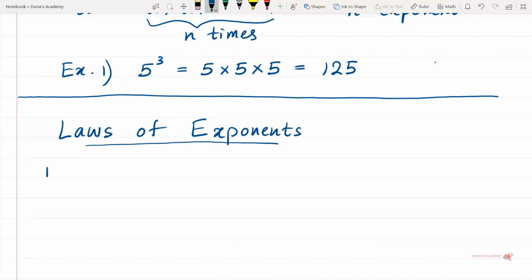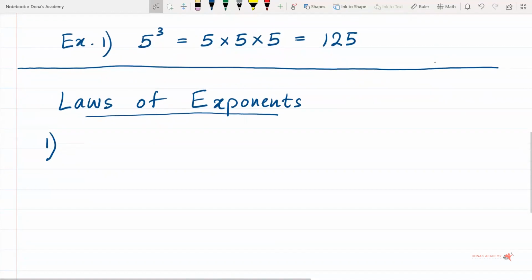The first one is, if we take any base, let's say a, and power 0, then it is always 1. No matter what base you choose, it can be a positive base or a negative base, the power 0 is always 1.